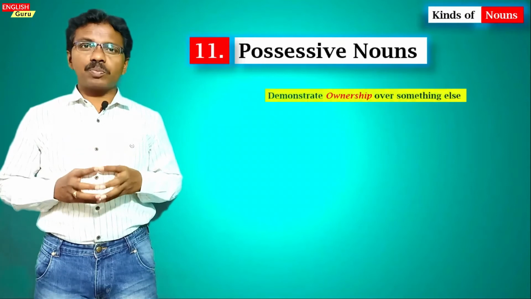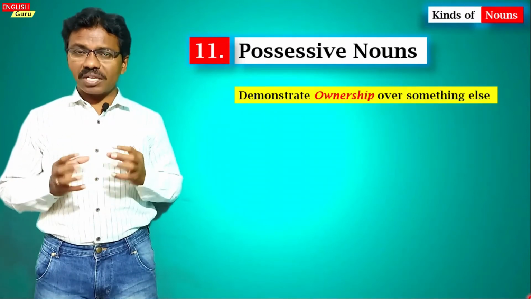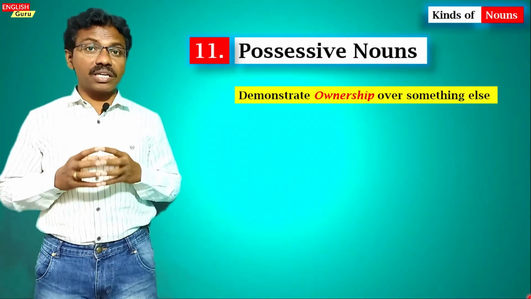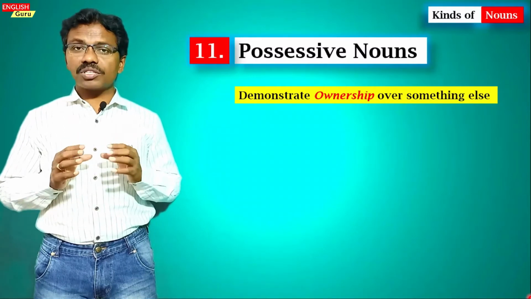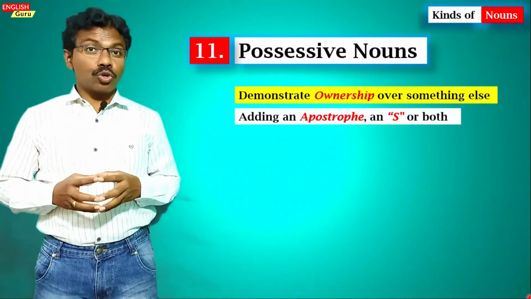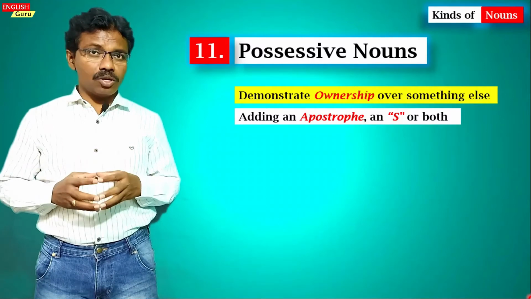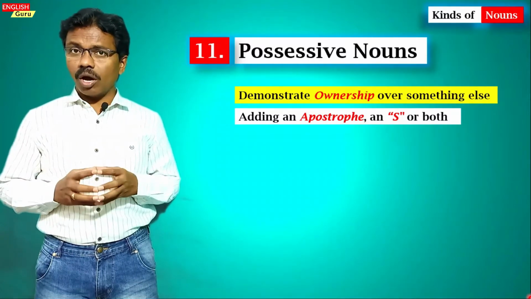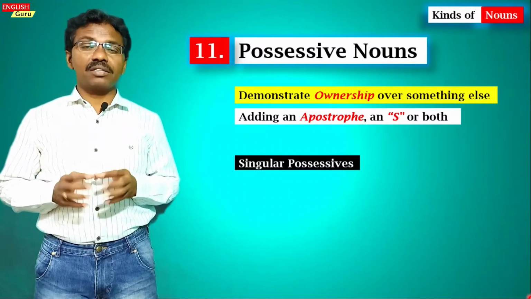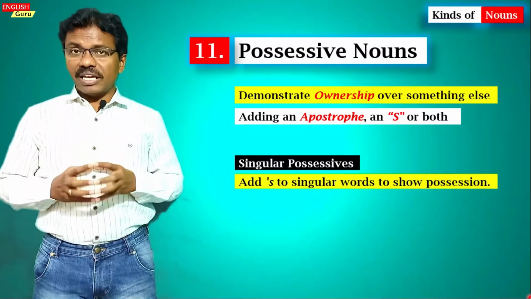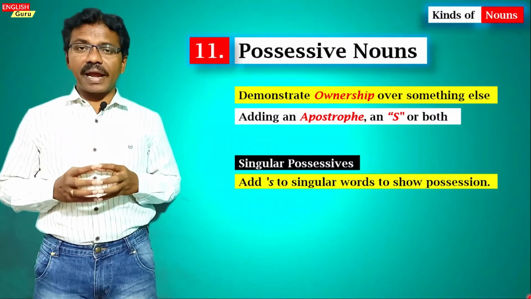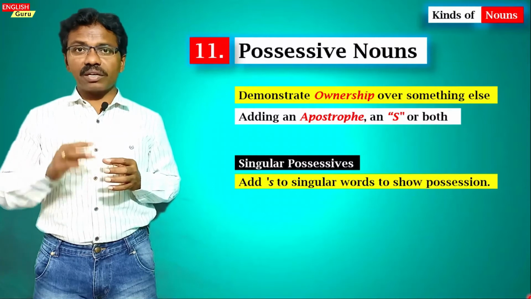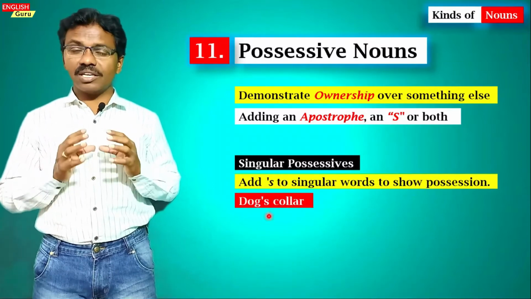So the next one is possessive nouns. Possession means having, ownership. They demonstrate the ownership of something else. By adding an apostrophe and s, we have a possessive noun. So we have singular possessive nouns. By adding apostrophe and s, we can have the possession of a singular noun.